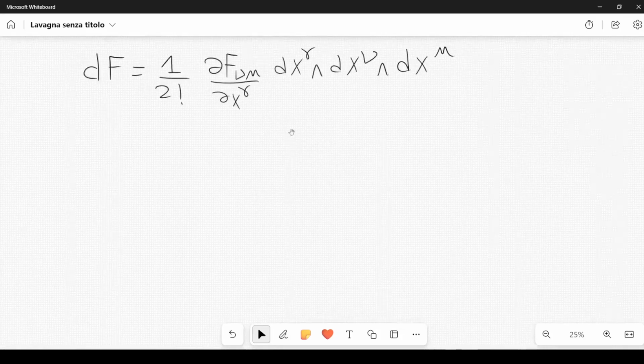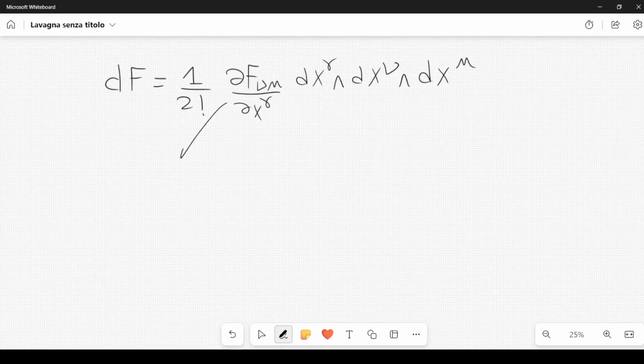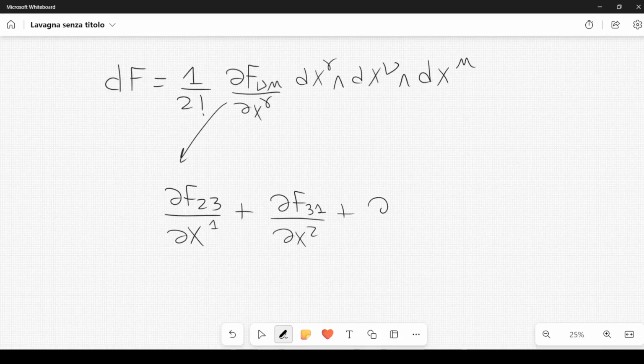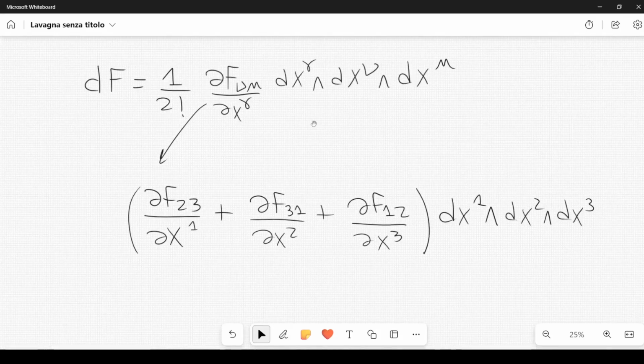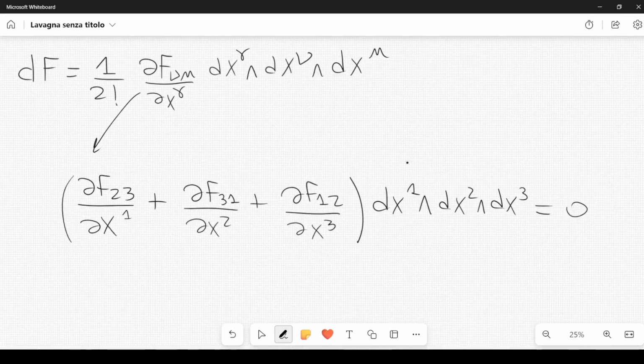But now, if we expand this a little bit, we can write it as dF23 over dx1 plus dF31 over dx2 plus dF12 over dx3, and then we have dx1 wedge dx2 wedge dx3. So you can show that indeed this expression is equal to this. Remember that this should be equal to 0 by rearranging also the order in which you write these differentials.